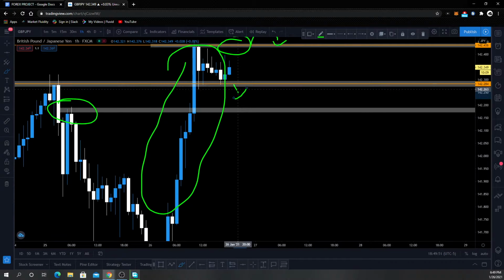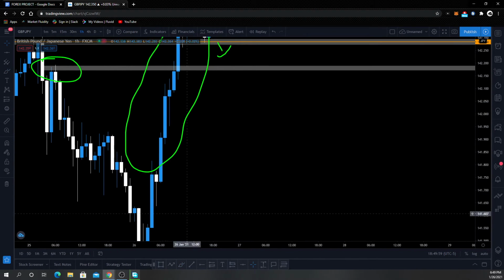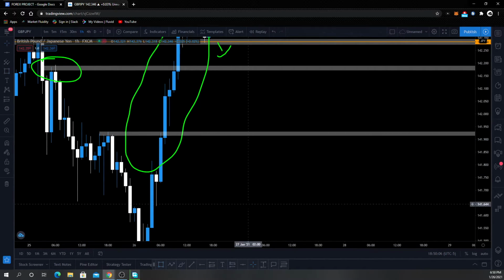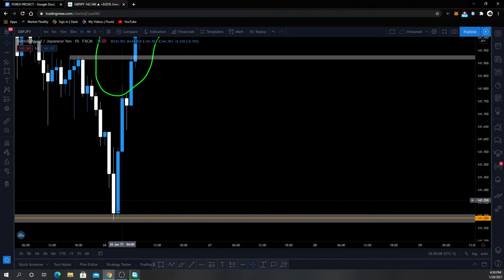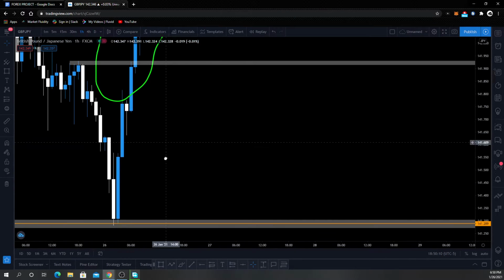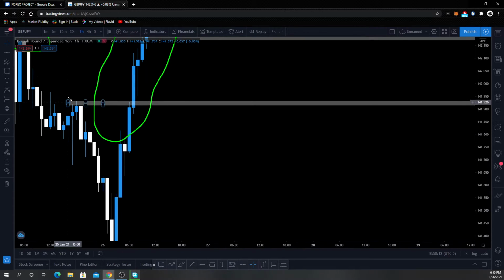So if we get this and we get a confirmation as a retest or an engulfing candle, whichever confirmation you use, then our target for sells should be, the first target somewhere here, then the second target could be here, and then possibly all the way down here. So these would be the levels for sell.